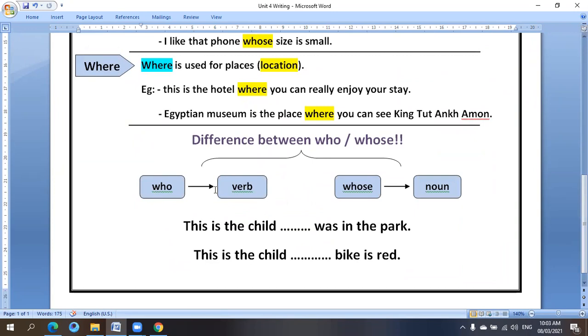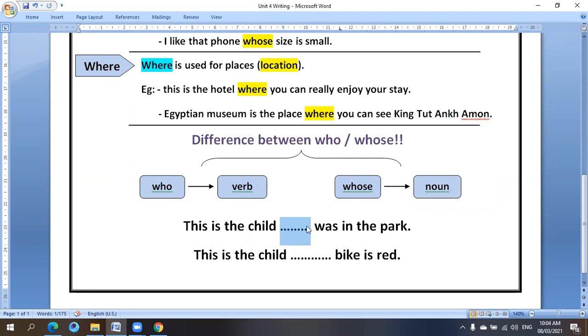Who is followed by a verb, but whose is followed by a noun. Focus here. The child was in the park. So who or whose? What will we put here? We said that who is followed by a verb, whose is followed by a noun.